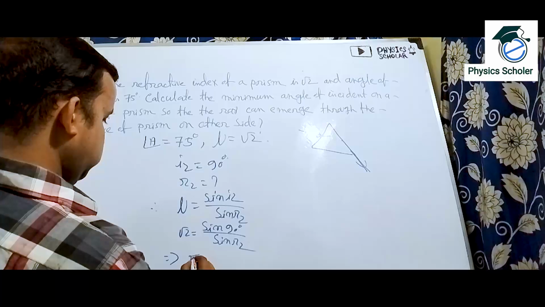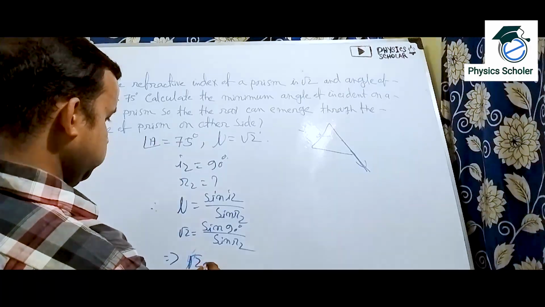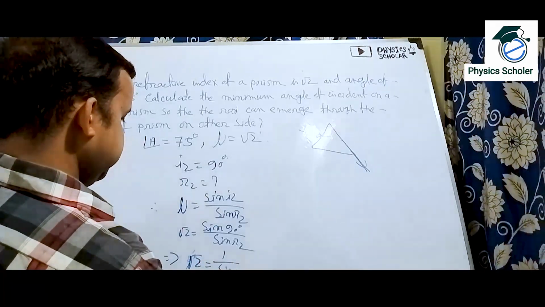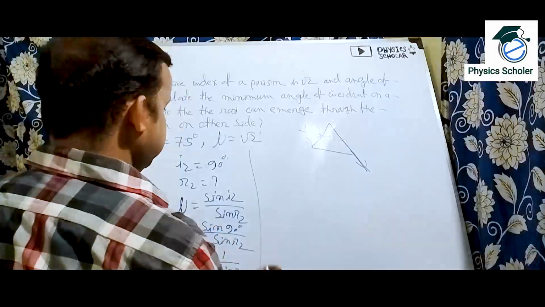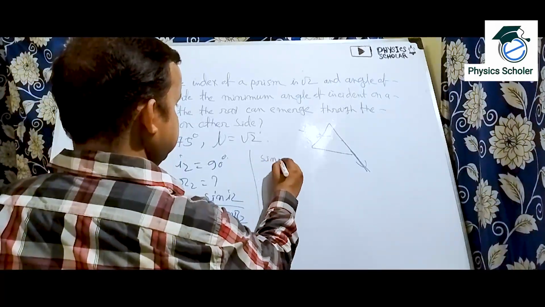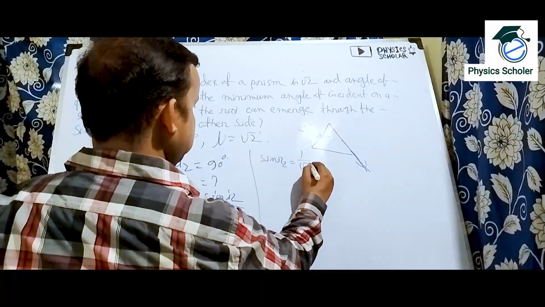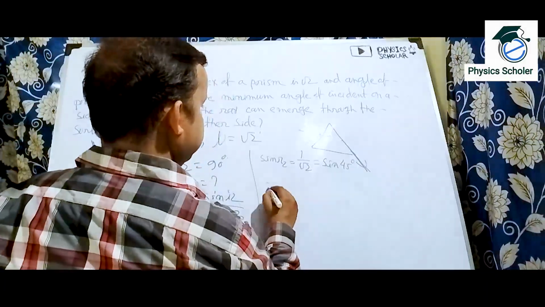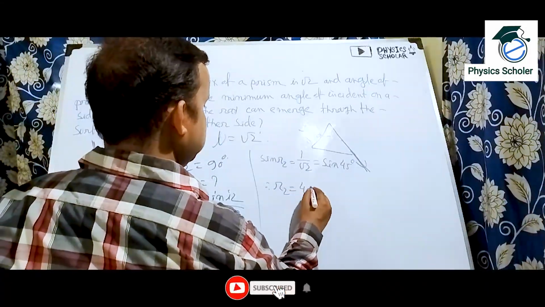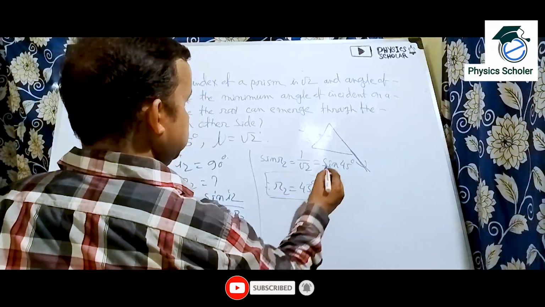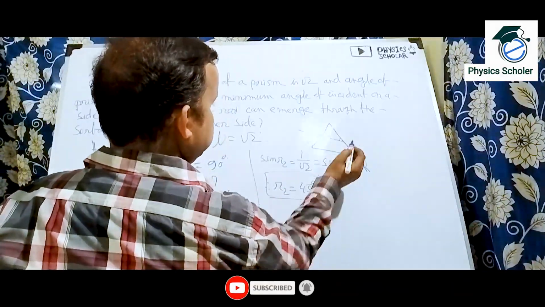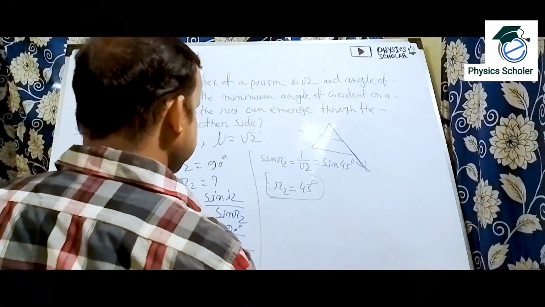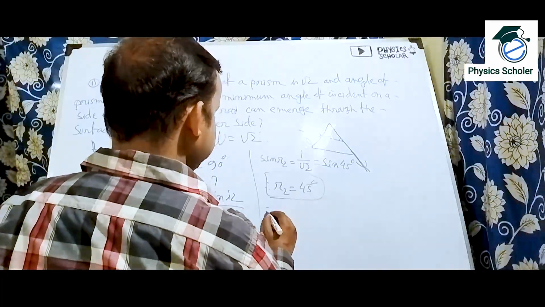So root 2 is equal to 1 by sine R2. So sine R2 is equal to 1 by root 2, which is sine 45 degree. Therefore R2 is equal to 45 degree. So the angle of incidence on this surface will be 45 degree. Clear?